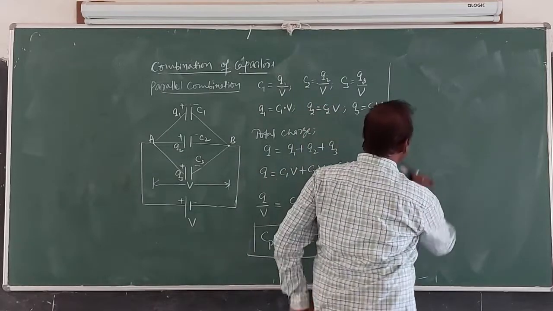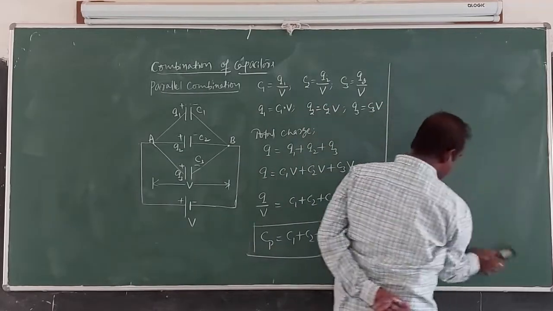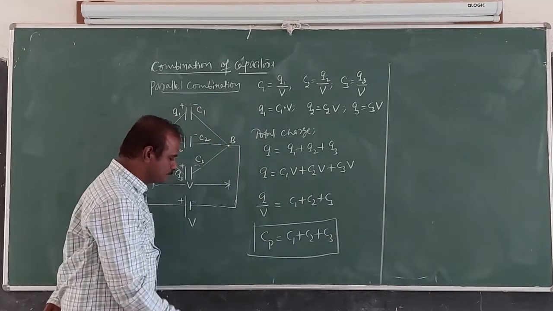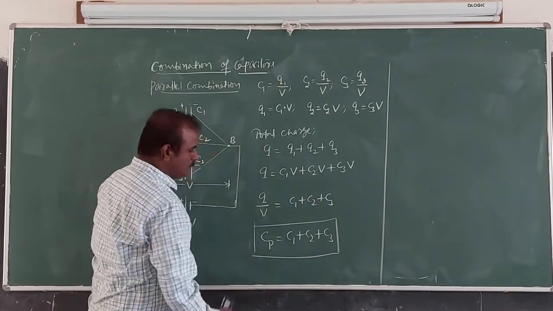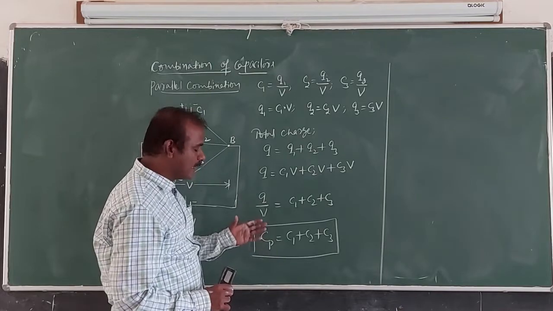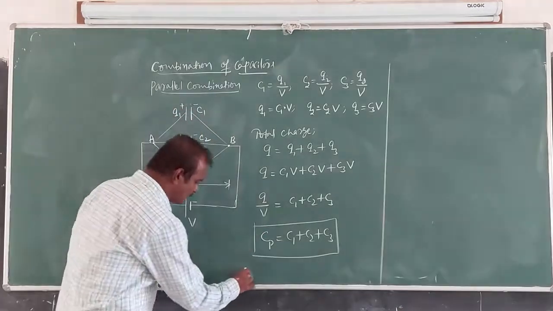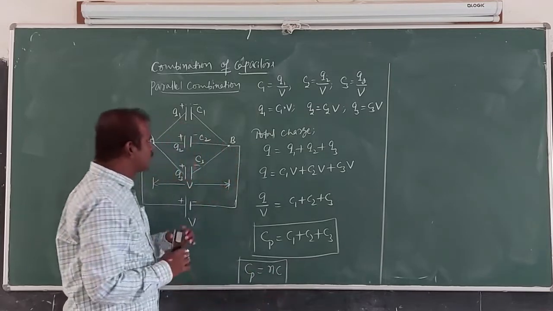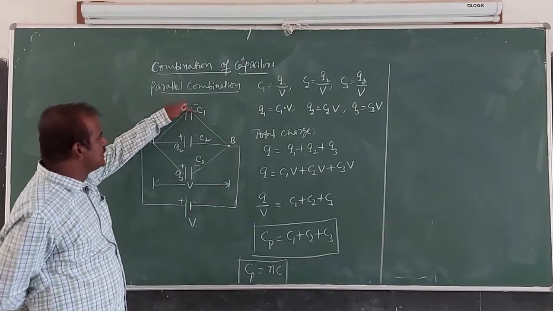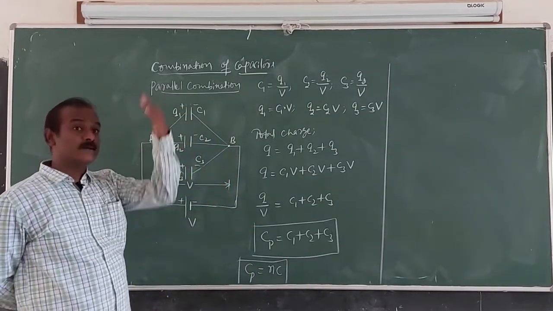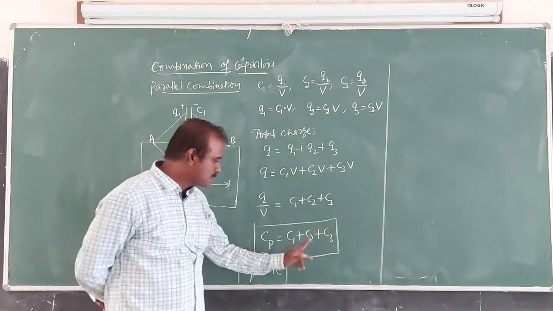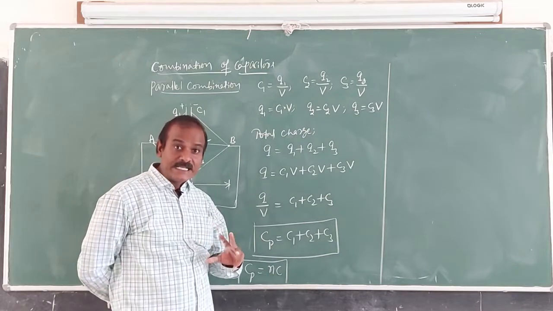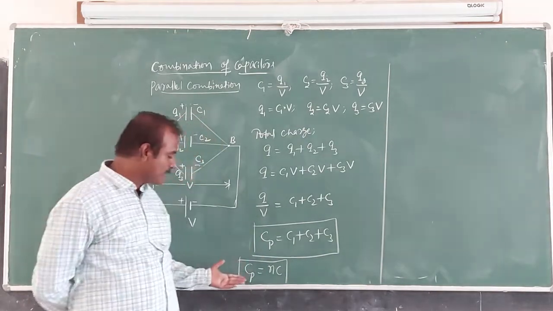And we will notice the important properties in the parallel combination. And very important, for identical capacitances, you will find Cp is equal to N into C, correct? Because suppose if there are identical capacitances C and C and C and C, N in number, then you will find C plus C plus C plus C. Suppose 5 in number, 5C, 10 in number, 10C, for identical capacitance NC.